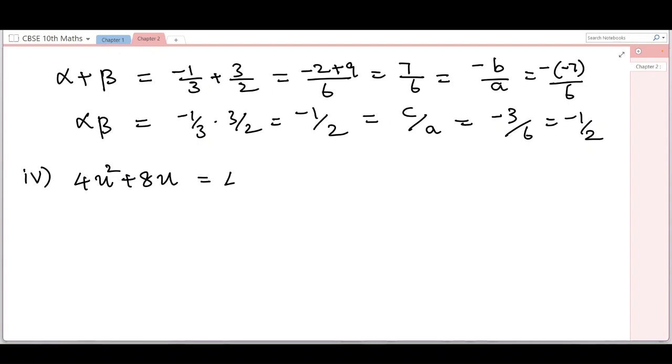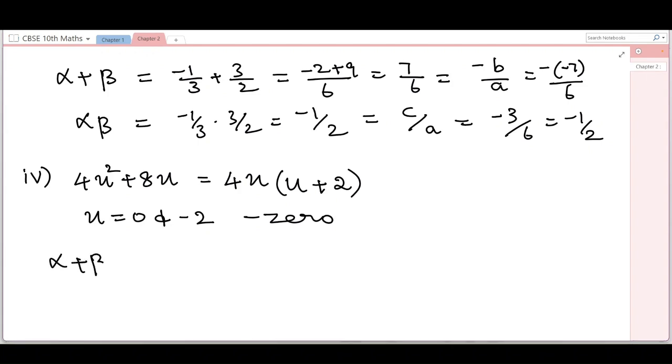And now if you try to find the factors, you will get 4u into u plus 2. So for the values of u equal to 0 and minus 2, you will get the polynomial value to be 0. Therefore, 0 and minus 2 are considered to be the zeros for the given quadratic polynomial.